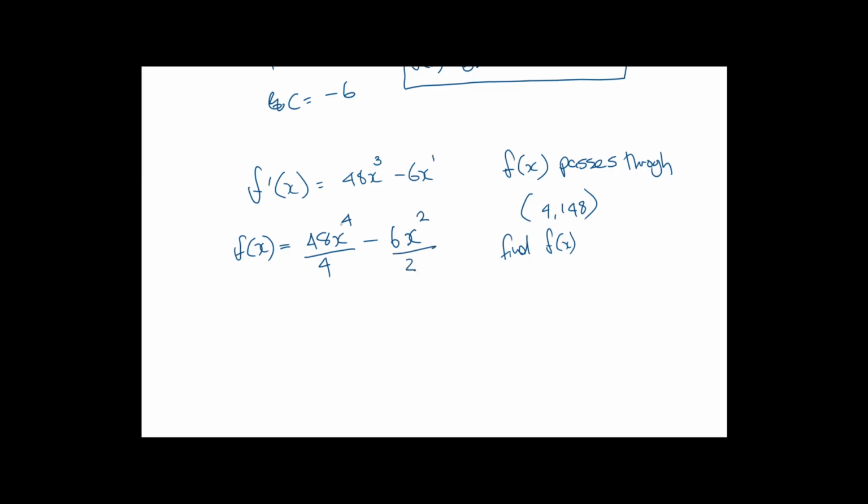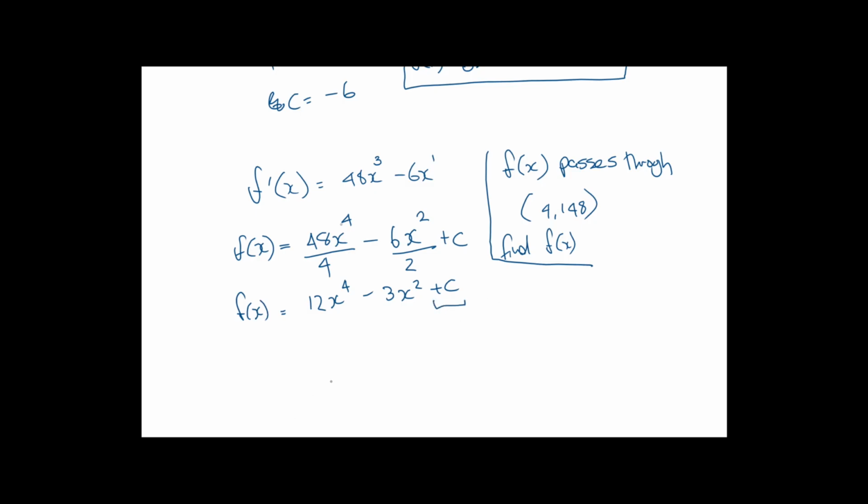We have to divide by 2, and then we have to add the plus c. Let's simplify things a little bit more. 48 divided by 4 is 12. And negative 6 divided by 2 is negative 3. So that's f of x.